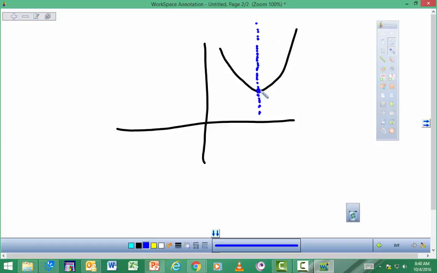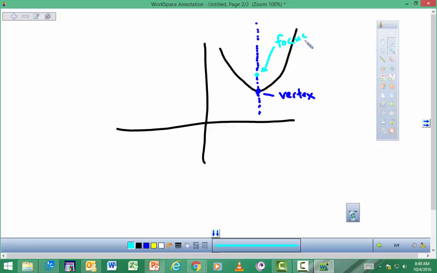And we know this point down here is often where a maximum or a minimum is. In this case, it would be a minimum. And that point is called the vertex. So we will still have the vertex in this lesson today. But unlike your previous lessons, this lesson will talk about what's called a focus point. And so this here is a focus point.